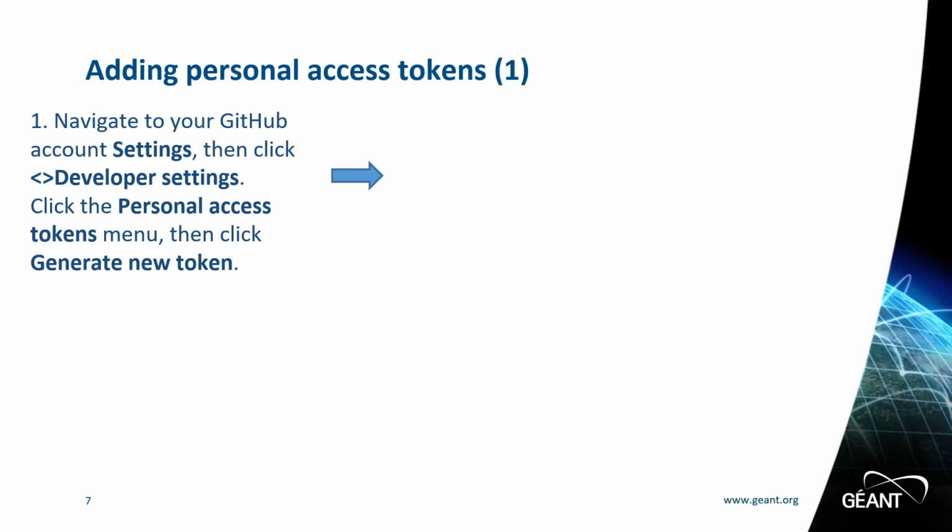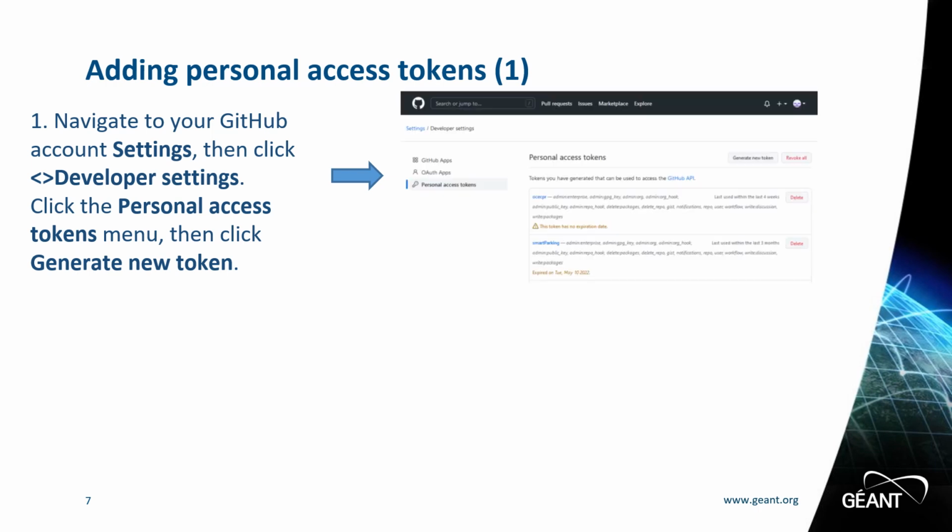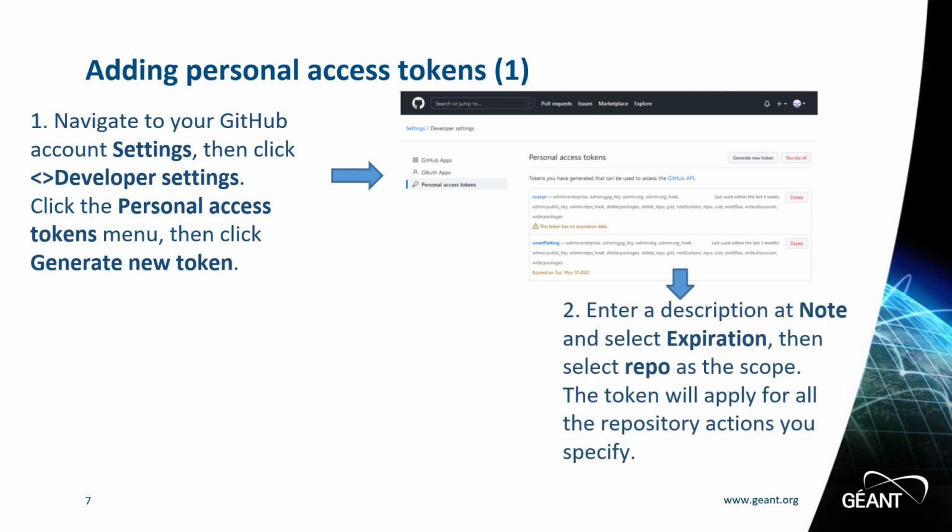To create a personal access token, navigate to the developer settings section of your GitHub account settings. Choose to generate a new token from the personal access token option. Then add the note, enter a description, and select the expiration drop-down menu to give the token an expiration date.